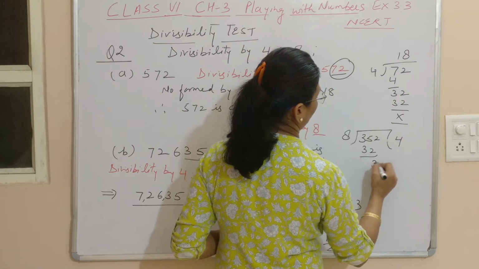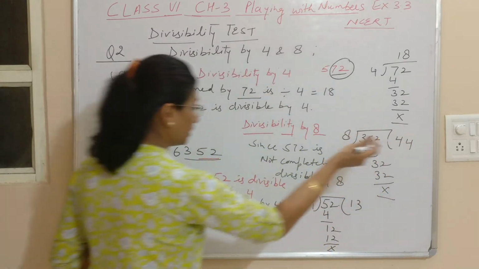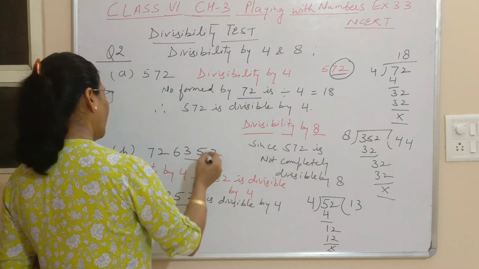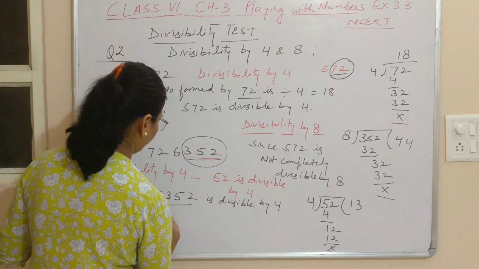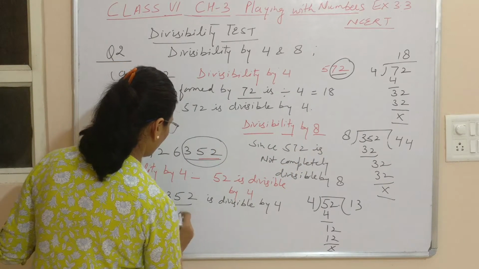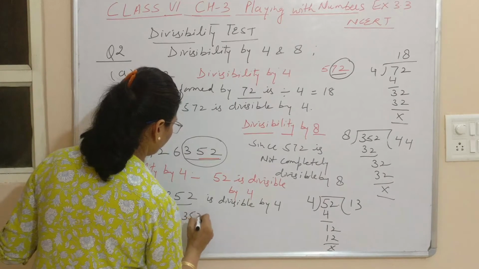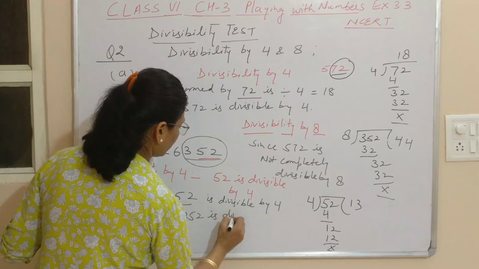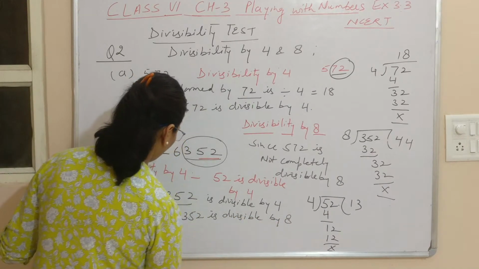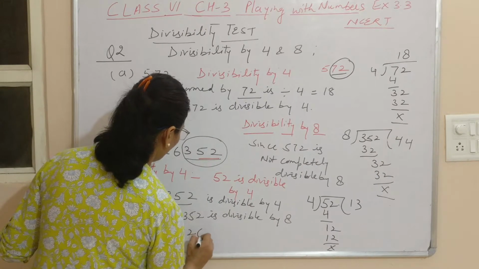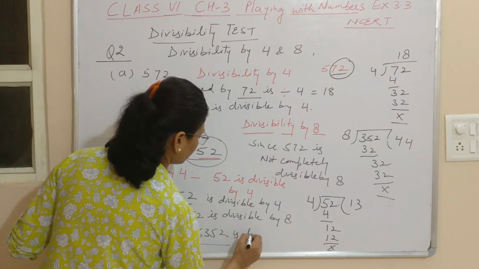Here you can see, yes, since the number formed by the last three places is divisible by 8, the statement must be written: since 352 is divisible by 8, therefore this number in total will be divisible by 8.